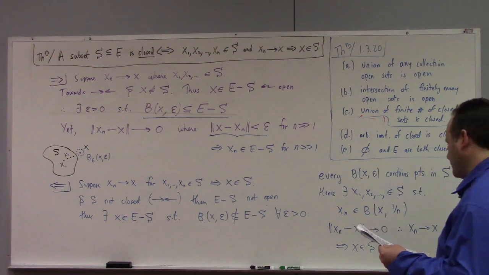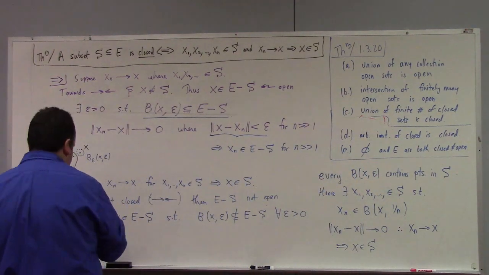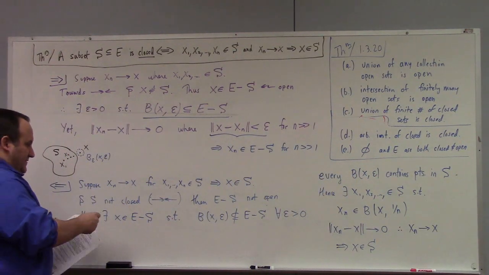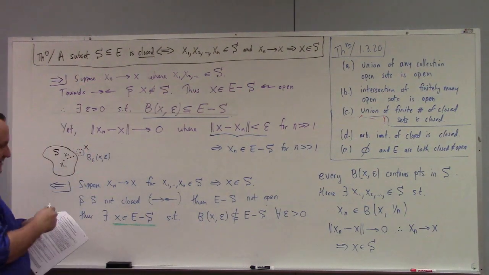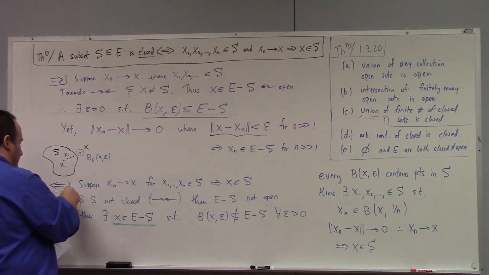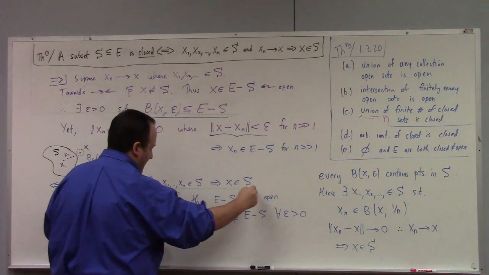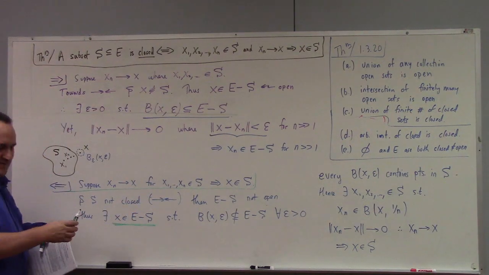Oh, yes. Sorry, I've got so many different things written on the board, I've lost track of which one is the starting point. That's the starting point, right? So this x we're talking about, this up here is the supposition of this part of the proof. That's not the x we're talking about. This is the x.